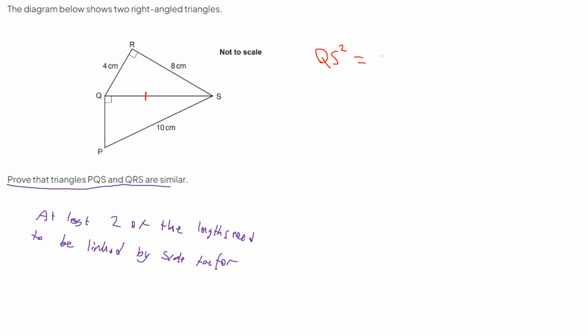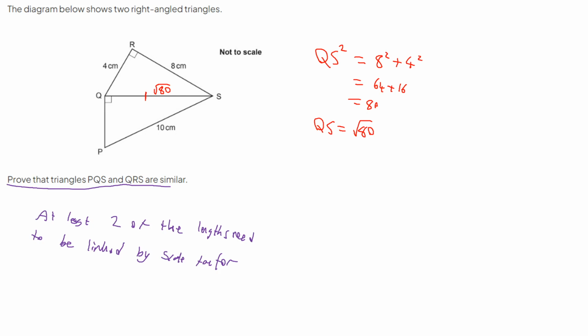QS squared is going to be 8 squared plus 4 squared, which is just equal to 64 plus 16, 80. And so we can say that QS is equal to the square root of 80. I'm not going to simplify just because I can use a calculator in this question.